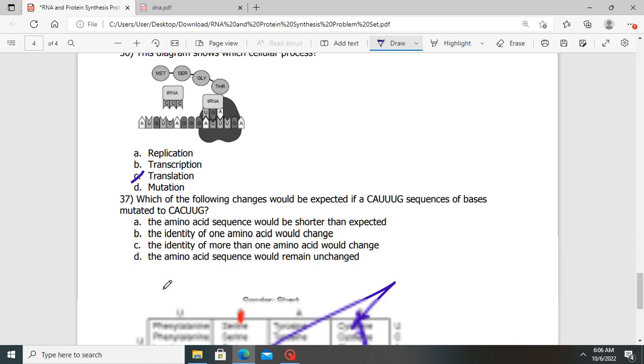37. Which of the following changes will be expected if CAU UUG sequence of bases is mutated to CAC UUG? So let's come here.